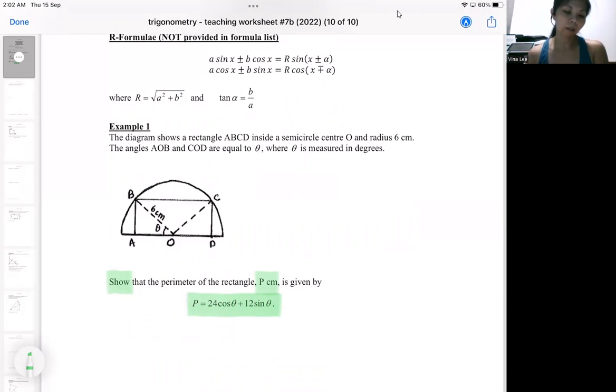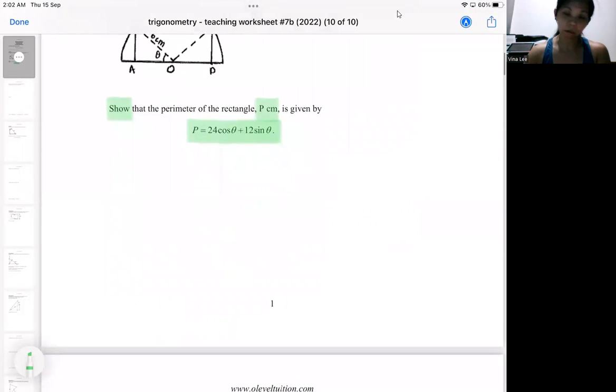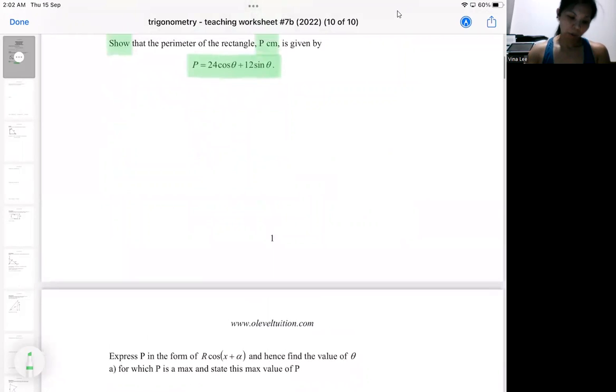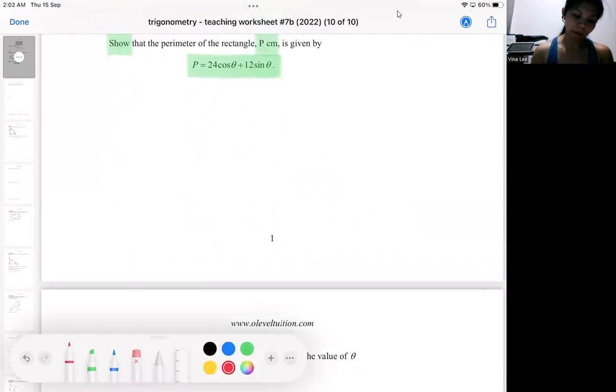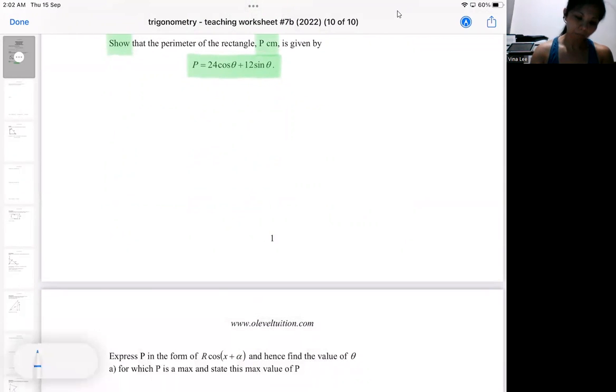Okay, so let's say you couldn't show, or you're running out of time. If you skip the showing, you can actually continue and do your R formula. So if you fail to show, you just go and do the conversion first.